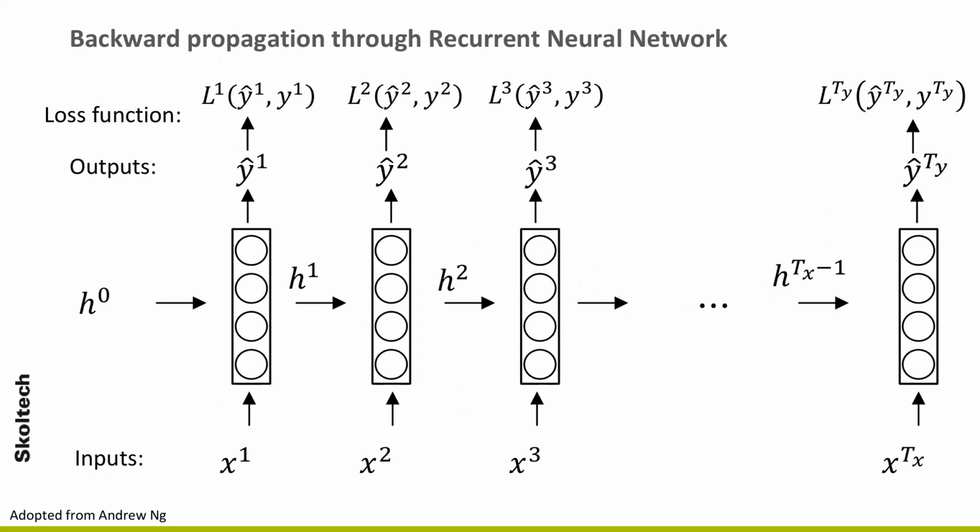So if you have output and if you have a training sample, we can compare the output to the true values. So you have the true value y1 and our prediction y1 hat. And the same thing happens for all parts of a sequence. And as we see, we can calculate a loss function here, and typically it's a differentiable loss function.